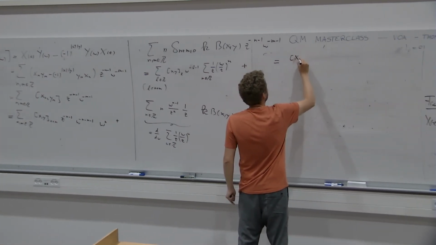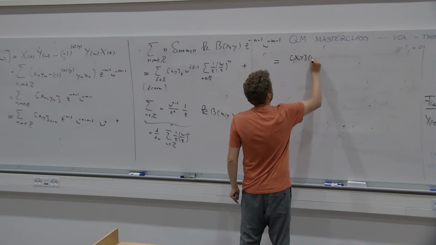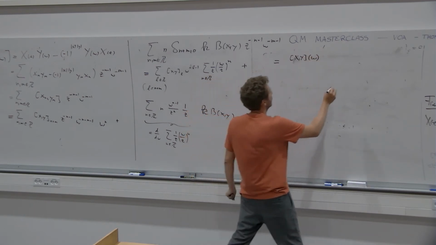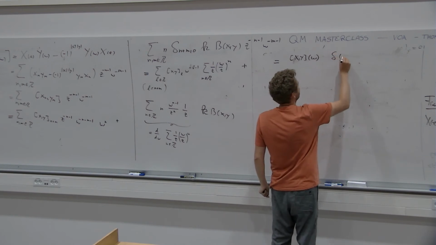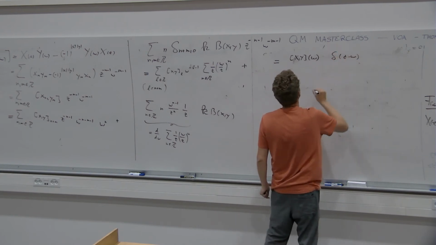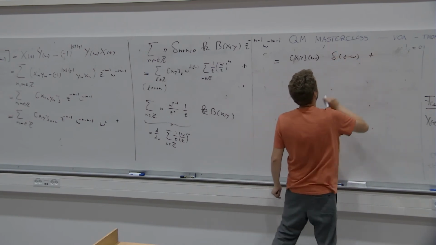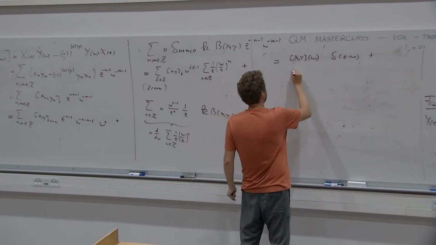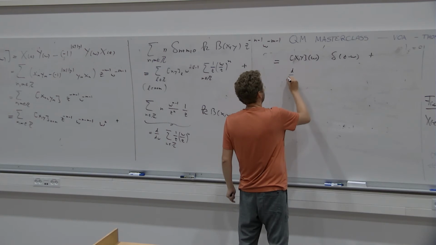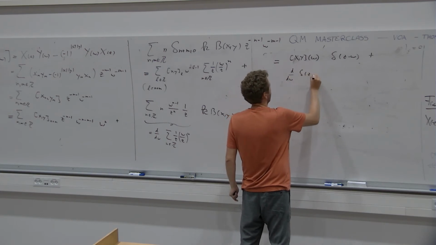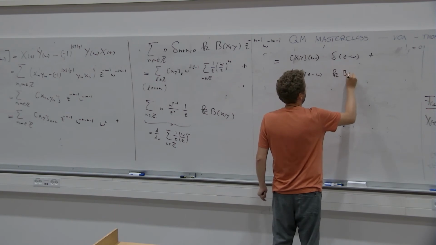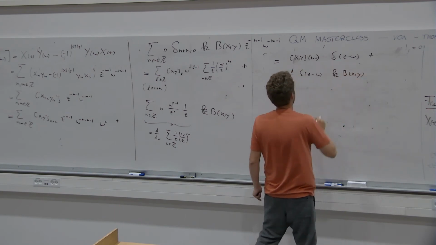And then times this expression here. And let me give this expression a symbol. Let me call it this delta(z minus w) plus the derivative of this delta times the scalar k times the pairing of x and y.